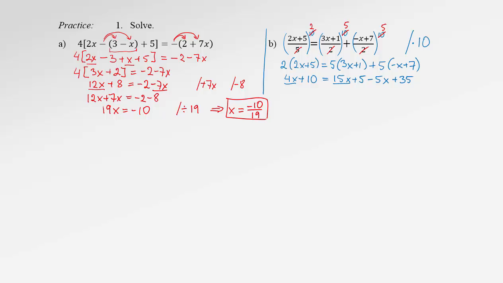Finally, let's collect all x's to the left. So I have 4x as it was. Now this 15x travels over the equal sign to the left, so it becomes negative 15x. Formally, we're subtracting 15x from both sides. But practically, this 15 goes to the other side of the equal sign with opposite sign.